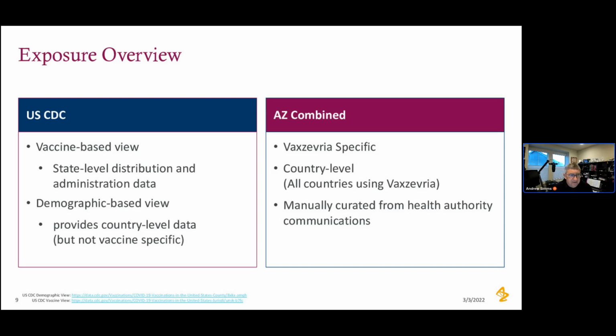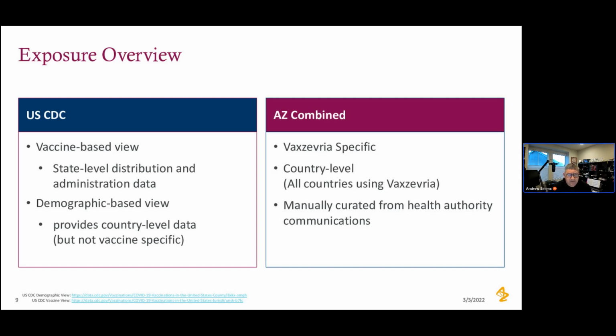Then there's basically a demographic based view that's also available, but it doesn't give you vaccine specific information. We focus primarily on the vaccine based view. And then, in very small type at the bottom of the slide, which will be provided, are links to the data.gov site where these data can be obtained.